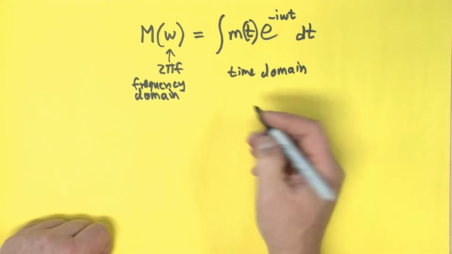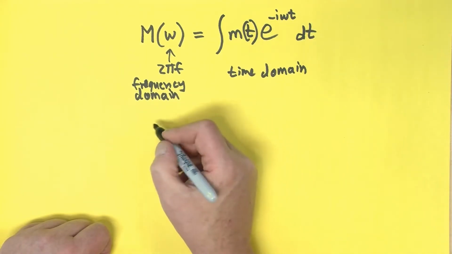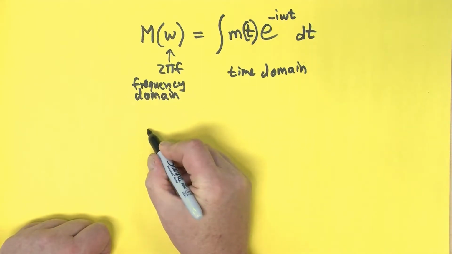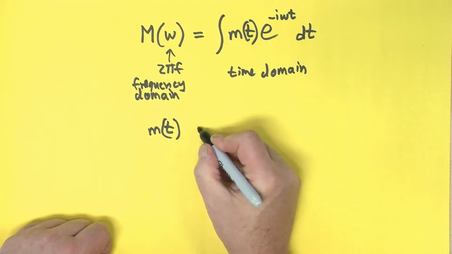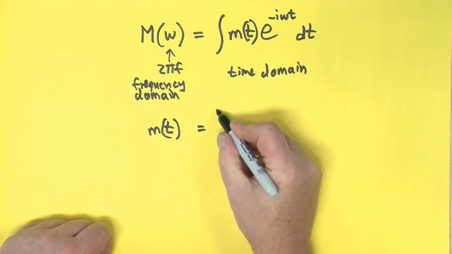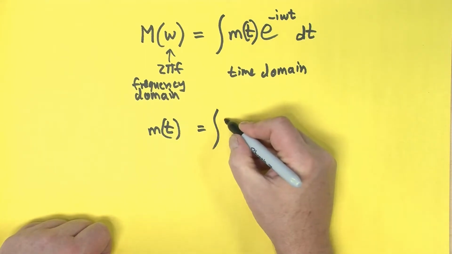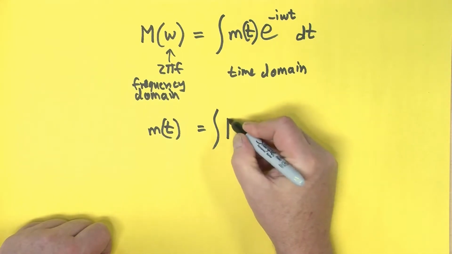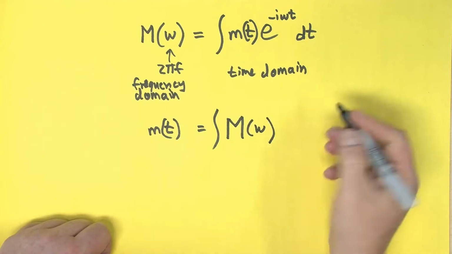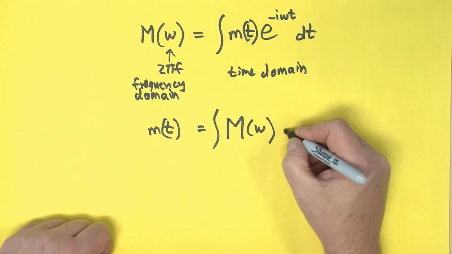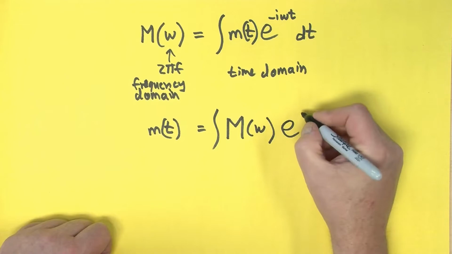What we can also do is use another equation to do the reverse. That is, if we want m of t, and we have big M of omega, the frequency representation of whatever it is we're dealing with, it turns out the inverse equation is almost identical.